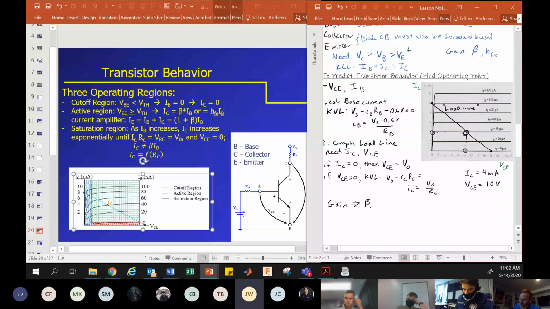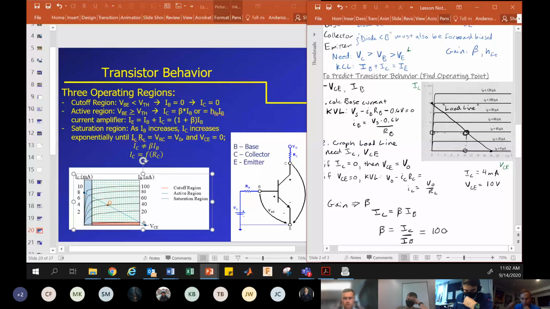Yeah, it's that beta. Very good. So IC equals beta times IB. So beta is IC divided by IB. So could you look at this plot and tell me what the gain of that transistor is? Would it be 100? It is. It's 100 in this example.